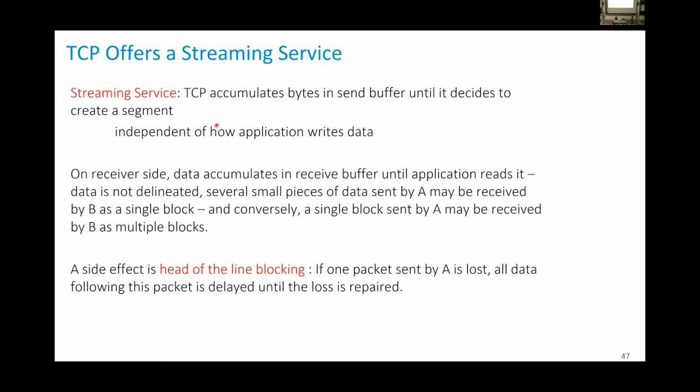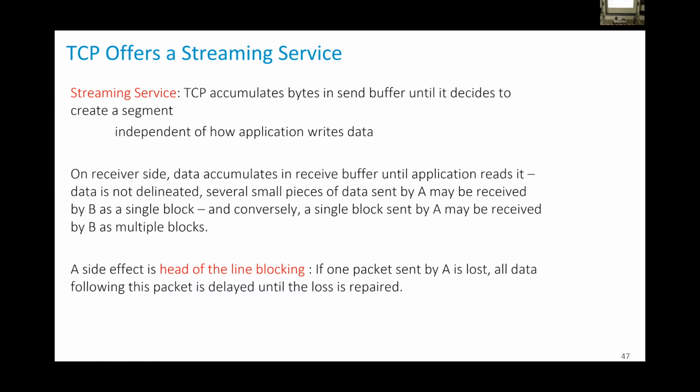So one side effect is the segmentation. The other side effect is that on the receiver side, as we have seen last week, data accumulates, and there can be, in particular, what is called head-of-the-line blocking. If one packet sent by the sender is lost, but if it's an isolated loss, all the subsequent packets that may have been received by TCP will not be available to the application.